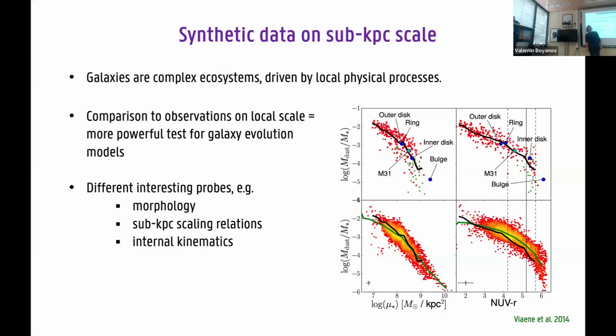But if you look at Andromeda and we look at the same diagnostic, but now on single pixels, you see that every single pixel also belongs to that same sequence, meaning that whatever drives this correlation is not a global process, but is something very local, because also on 100 parsec scales we have the same correlation. The question is, can we also explain this with our radiative transfer model?